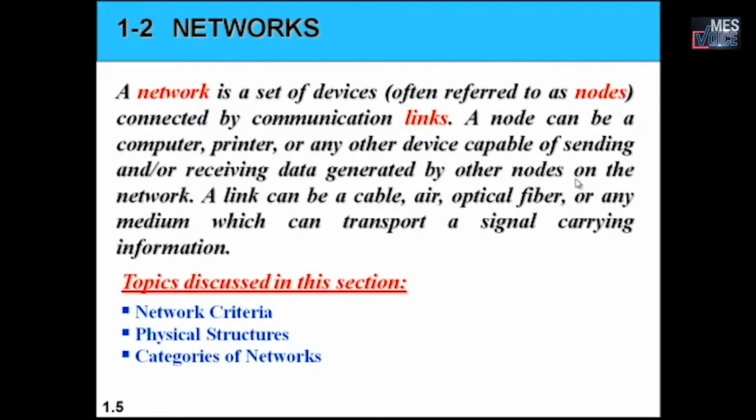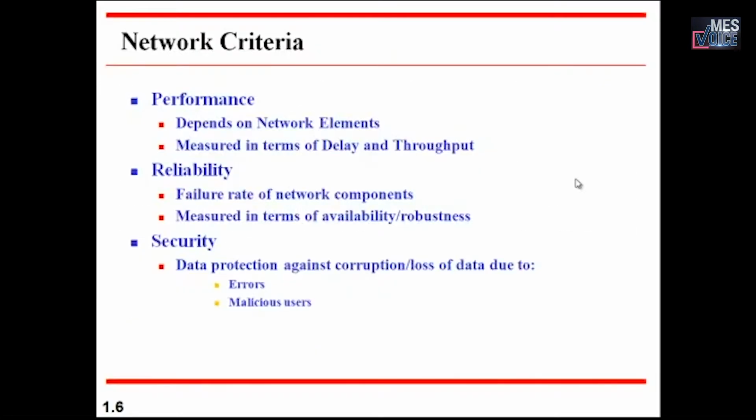And the link can be different transmission mediums such as cable or wireless mediums or optical fiber cable, whatever. The topics we discuss in this section are network criteria, physical structures, and categories of networks.